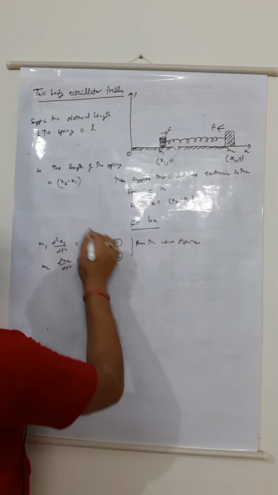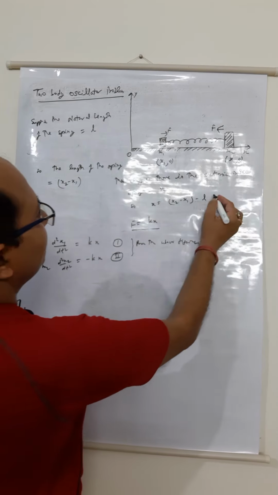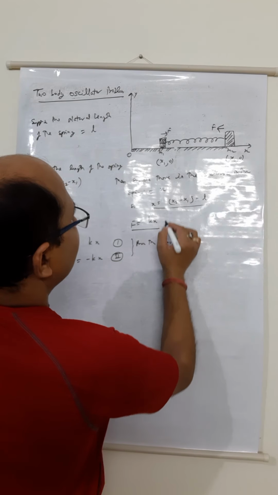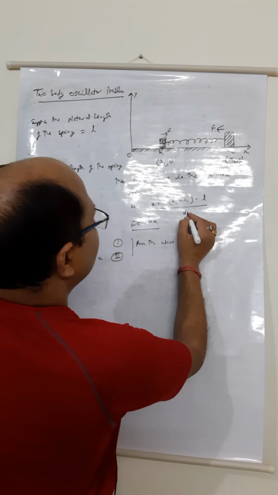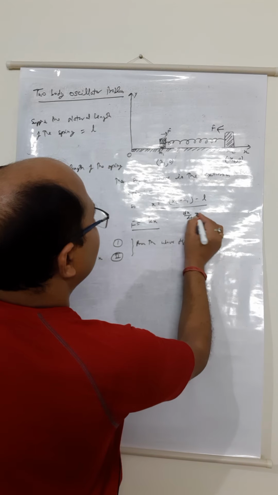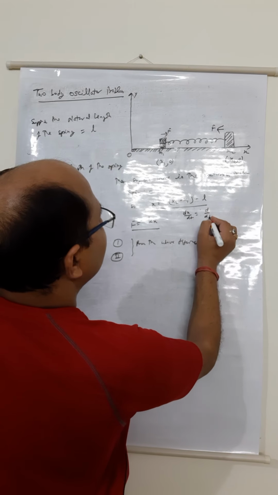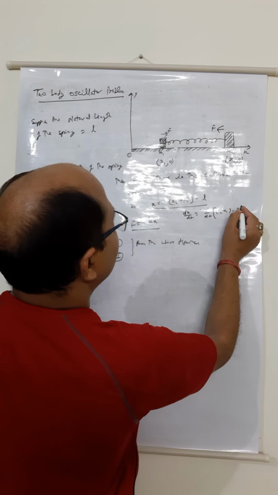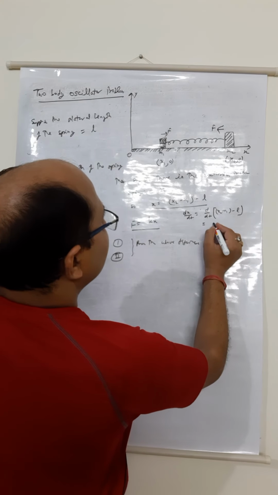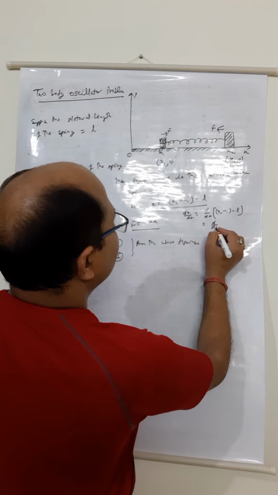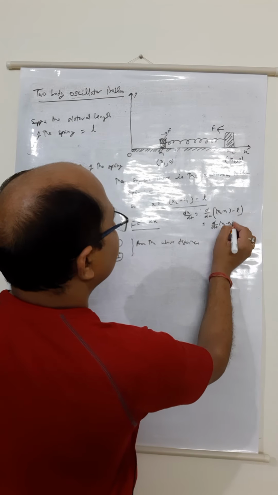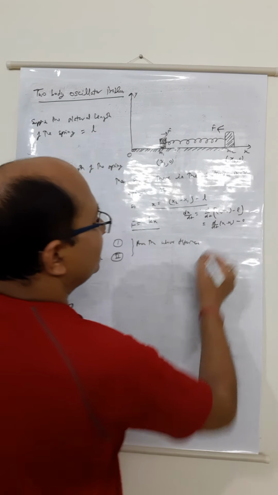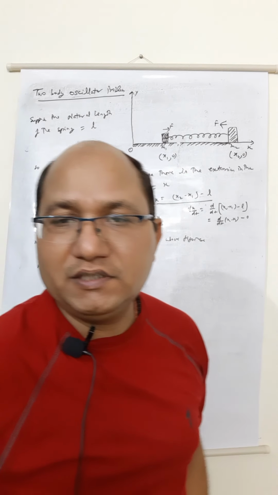Now from here, dx upon dt equals d by dt of x2 minus x1 minus L, and this is equal to d by dt of x2 minus x1, since L is zero on differentiation, being a constant quantity.